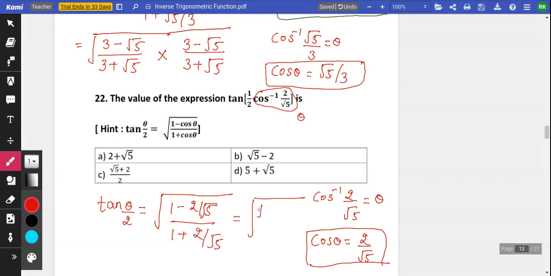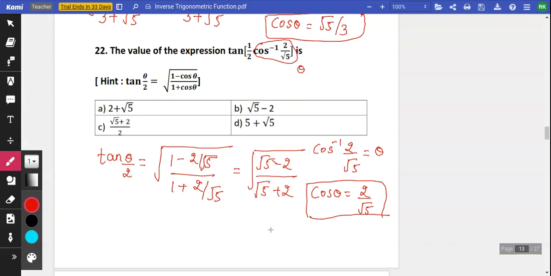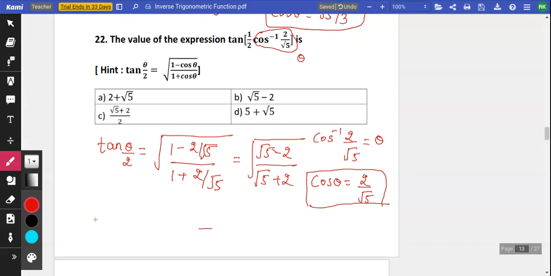We get square root of 5 minus 2 upon square root of 5 plus 2. Again rationalize this term: square root of 5 minus 2 upon square root of 5 plus 2, multiplied by root 5 minus 2 upon root 5 minus 2.